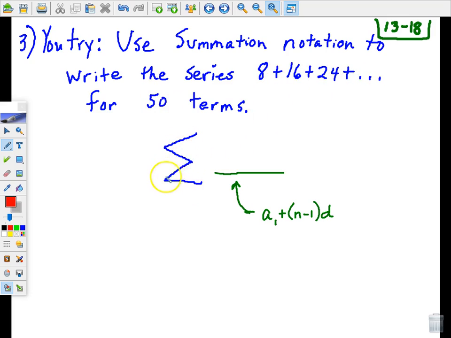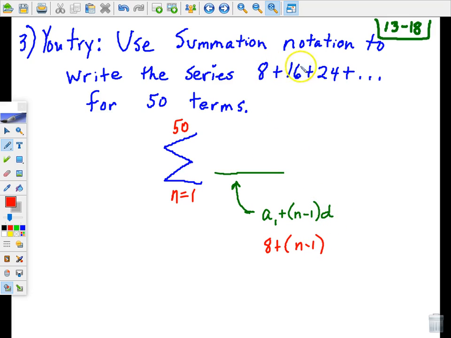Okay, so I went ahead and wrote sigma out. n equals 1 will be on the bottom. This time 50 will be on the top. And I showed you again that formula that you will use to come up with this expression. All right, so first term, 8, plus n minus 1, and then the common difference.